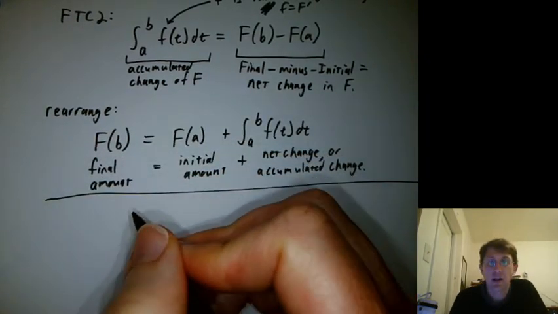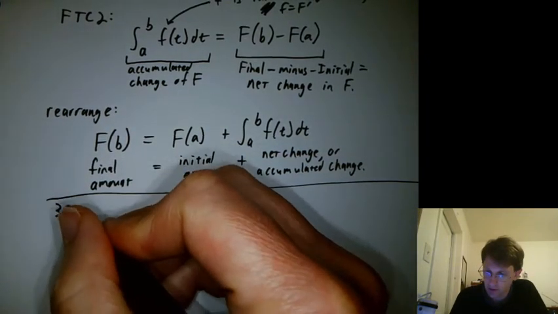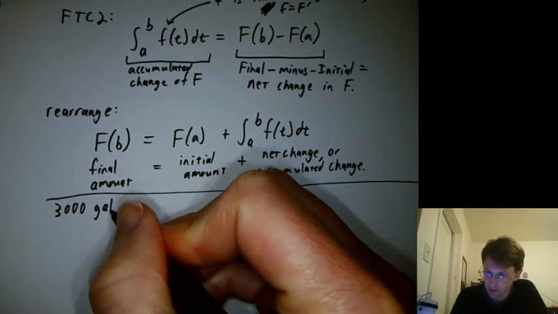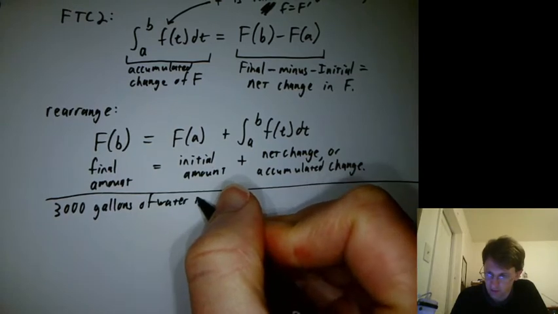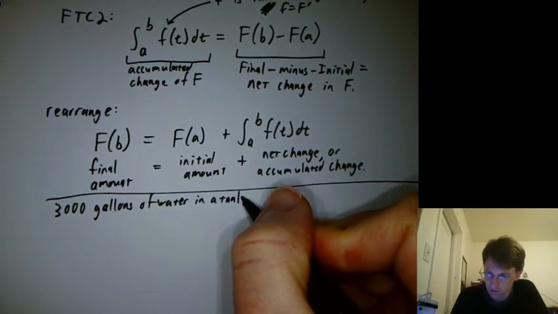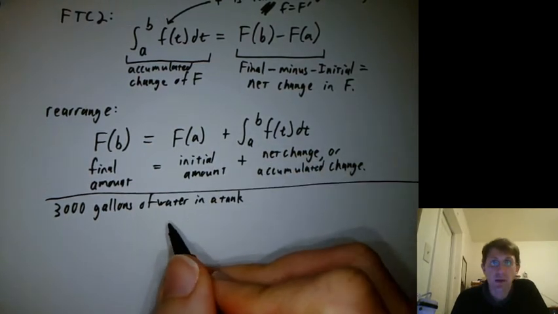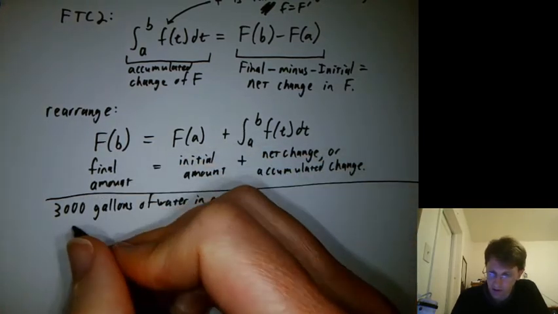Let's say you have a tank with 3,000 gallons of water. And water is flowing out at a rate that changes with time.